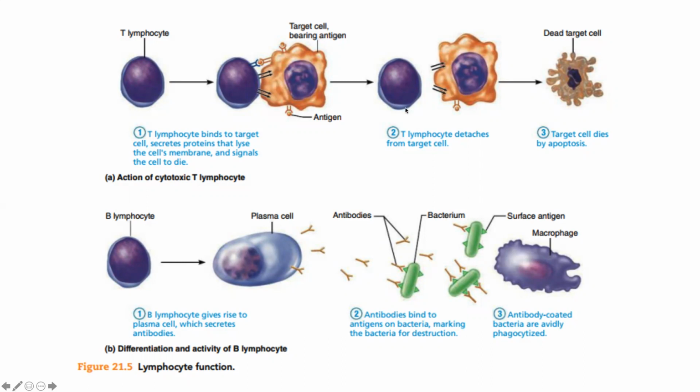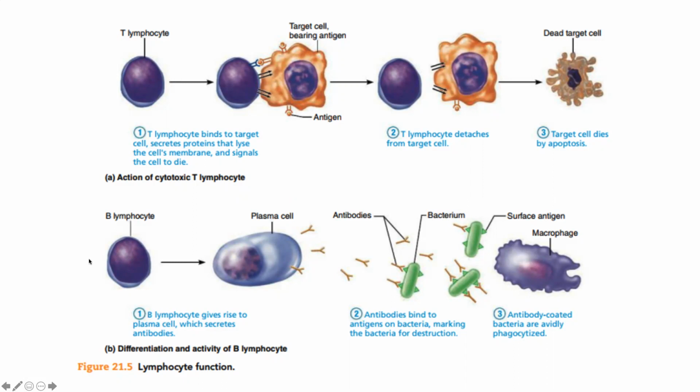And finally, the T lymphocyte will detach and back out. And now this cell, which contains antigen, has protein which is secreted from the T lymphocyte, and that cell will die. So that is the action of T lymphocyte.